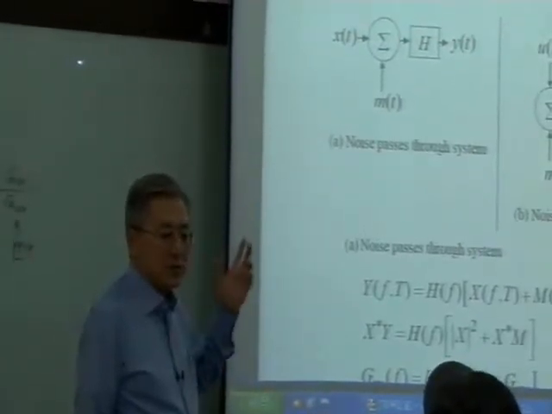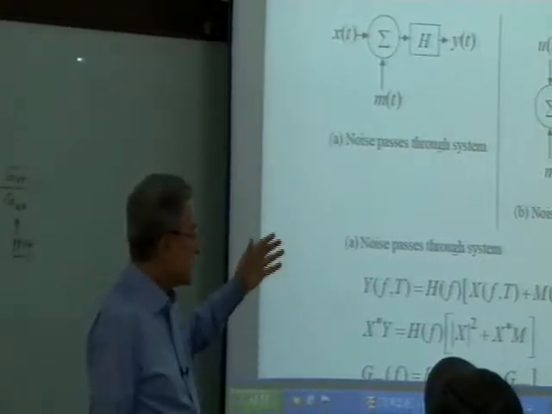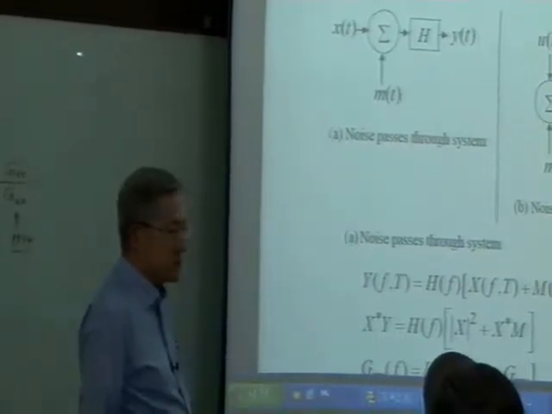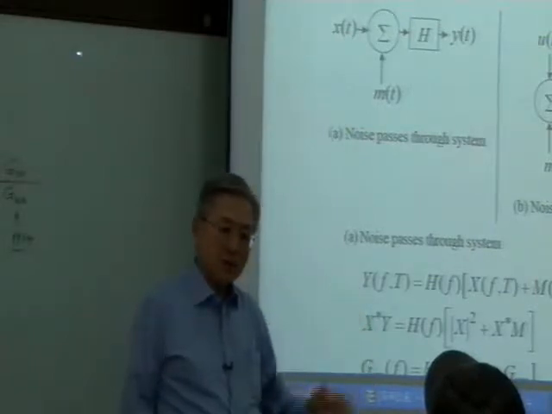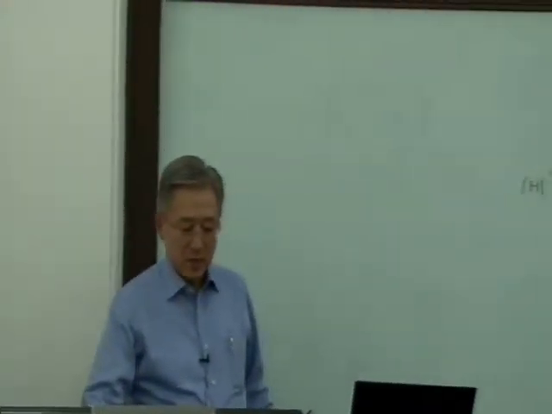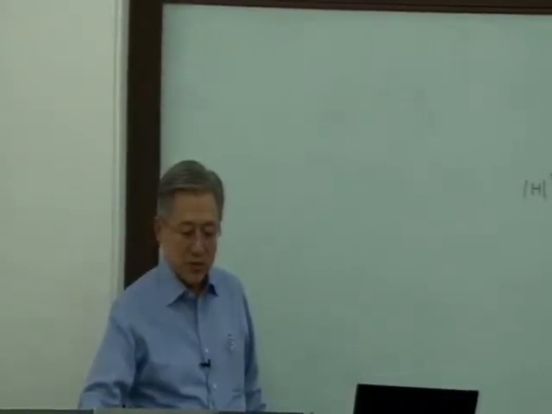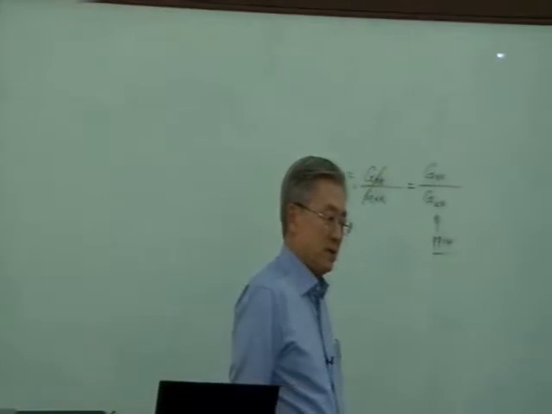The other, chapter 4, let's say A, we were talking about getting into GUU, GYY, all that. But here, I concentrate on the H functions. H expression as a function of noise in there, okay?